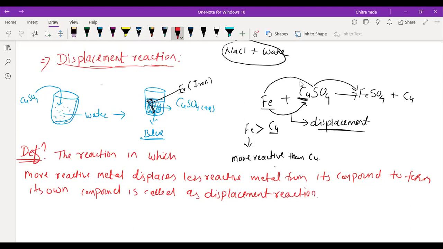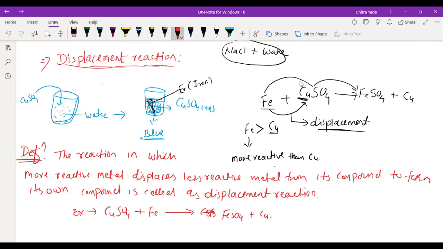And in the example you can write the same as what we have written here. CuSO4 reacts with ferrous, they undergo a displacement reaction to form ferrous sulfate, FeSO4, along with copper.